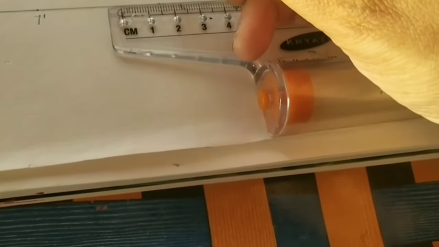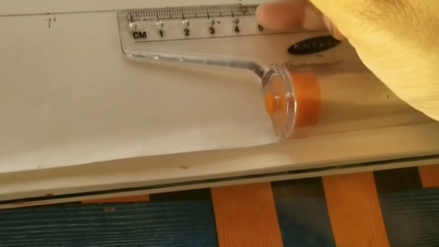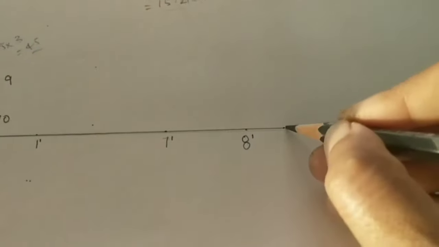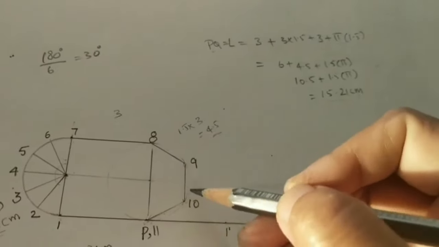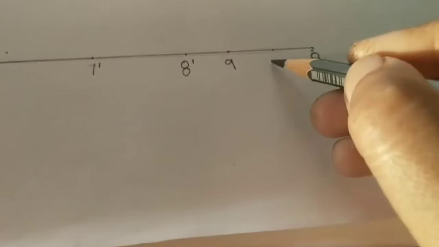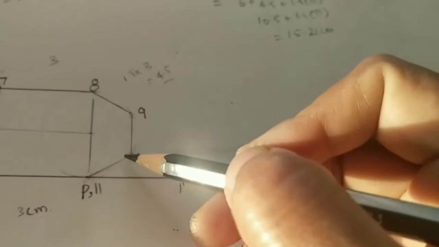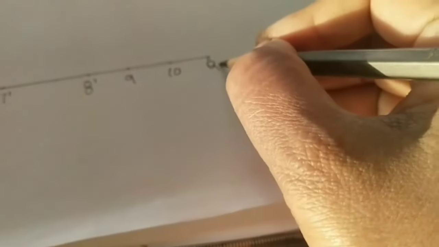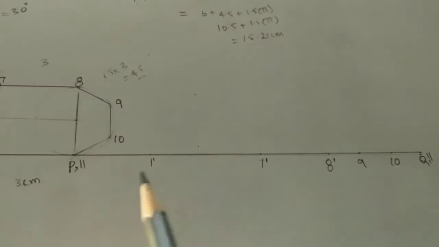Next 1.5, next 1.5 here. So I am marking 1.5, 1 point from 8 to 9. Give this is 9. After 9, 1.5, 10. Already we have marked here 10. And then P11, 1.5. Already this is 1.5. So at Q point 11 is also coming. Okay, so I have marked all the points.